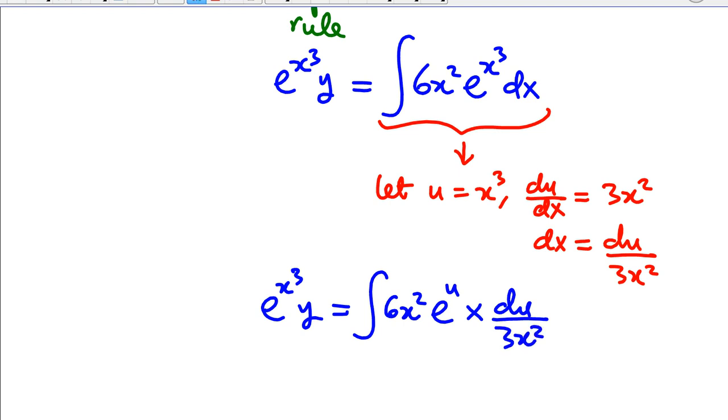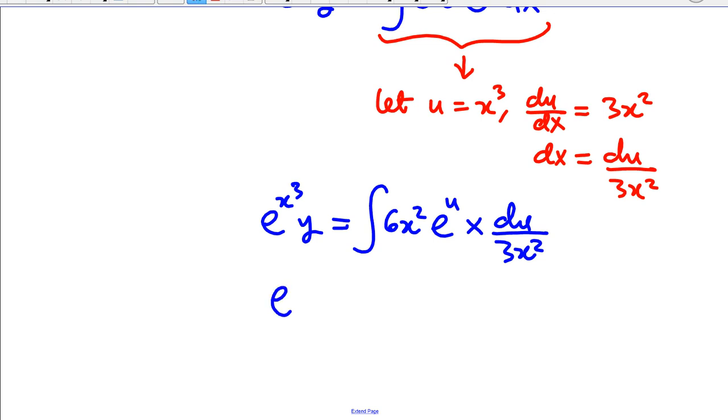So what we'll end up with is e to power x cubed y will be equal to, these guys will cancel, that goes there twice.